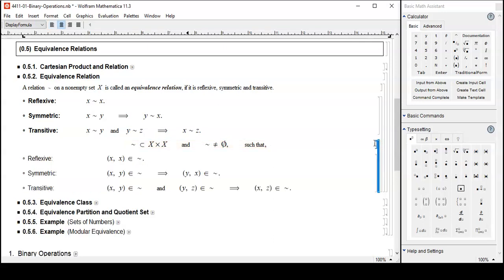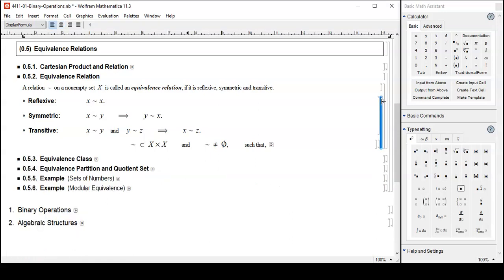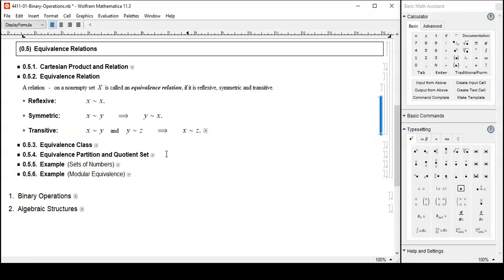Then we can redefine reflexivity, symmetry and transitivity like these, as you can see from this set theoretical expression. But that's a bit too cumbersome, so we use these expressions, but they actually mean the same thing.